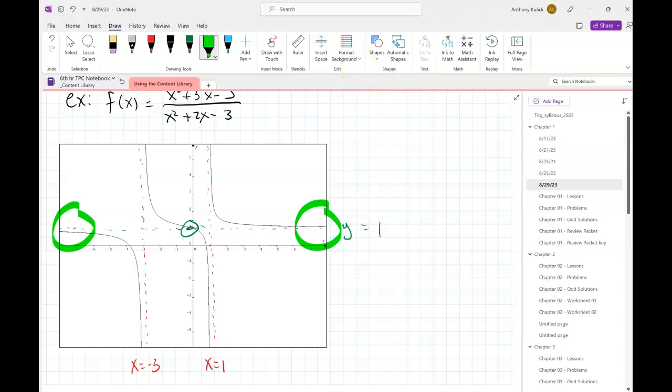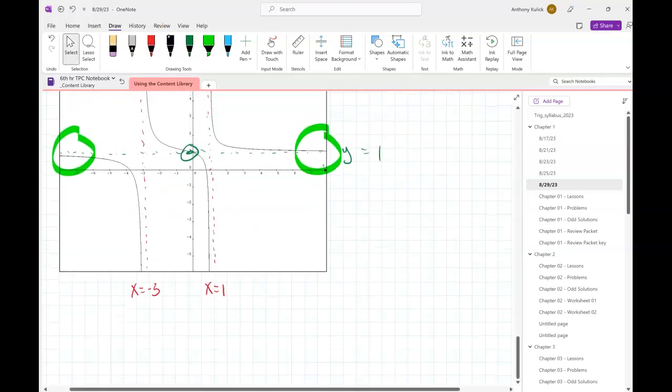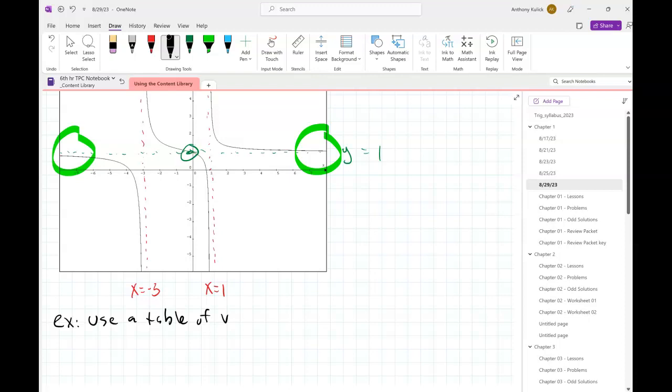Okay. What if we wanted to use a table of values to confirm that the asymptotes that we saw above, x equals -3, x equals 1, and y equals 1, are indeed asymptotes?